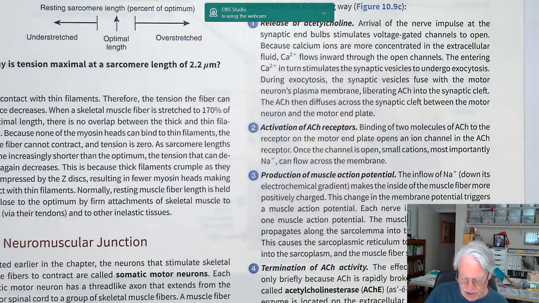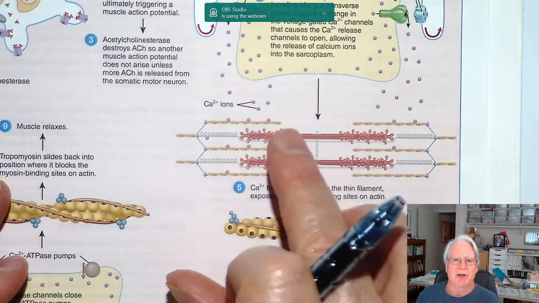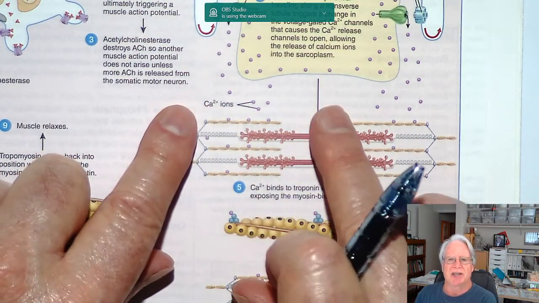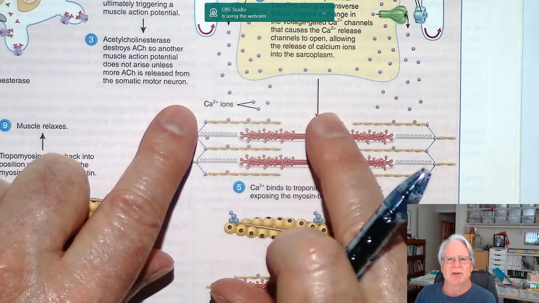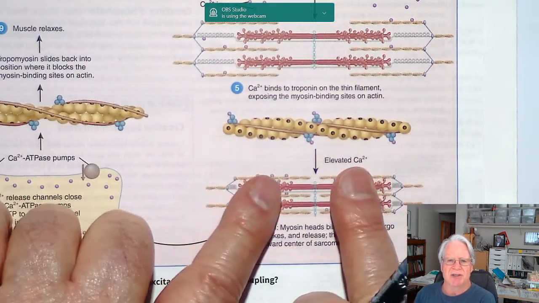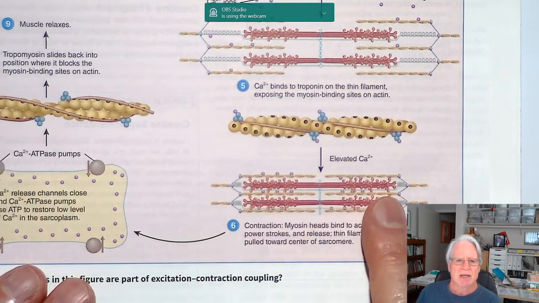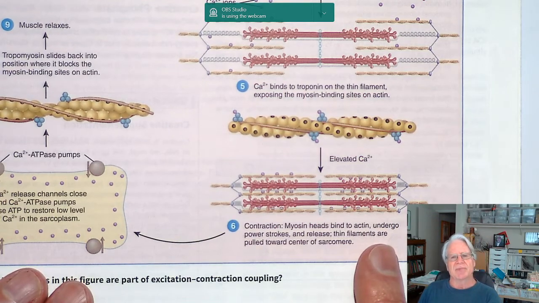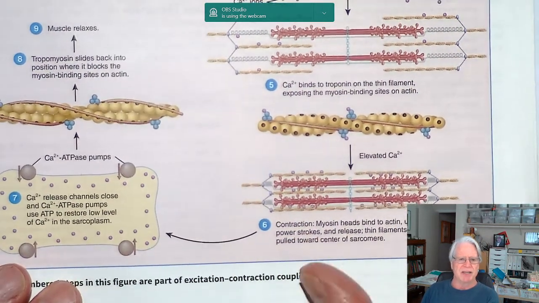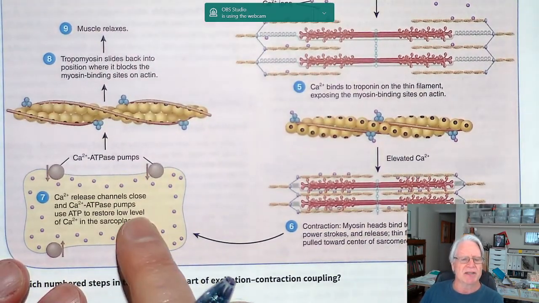So as you can see, coming back to this image, we start from the position where there is quite a bit of space in the center of the sarcomere with no thin filaments. As this process goes, we're going to slide those filaments towards the center, thus shortening the cell.